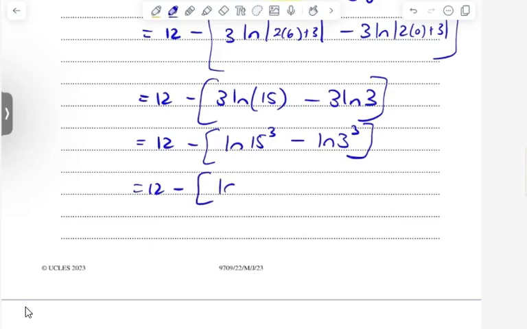Now I'm going to combine these, ln 15, and then divide by 3 to the power of 3 because my lns were subtracted. At the end, if I plug this into my calculator, I get ln of 125. And that is my final answer.